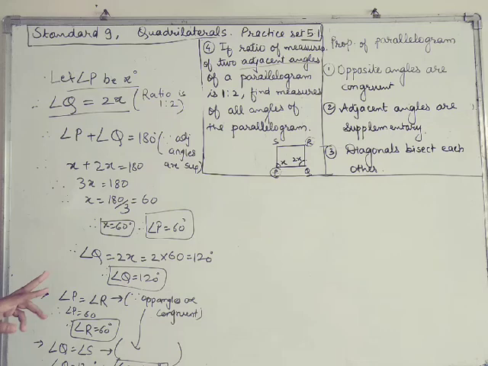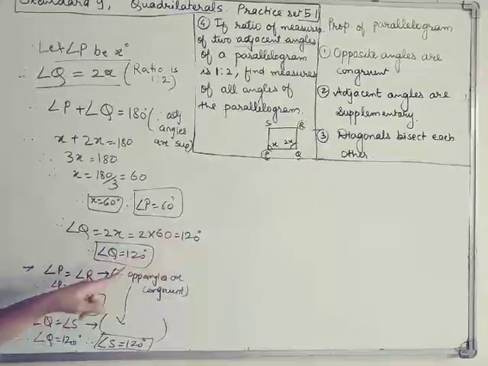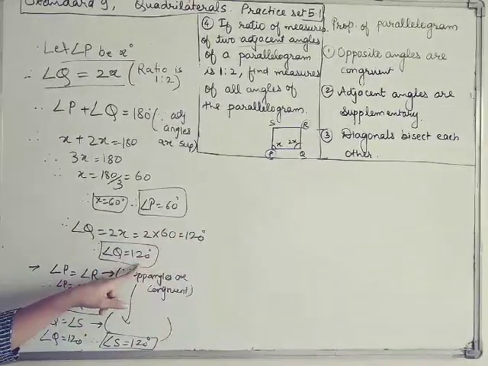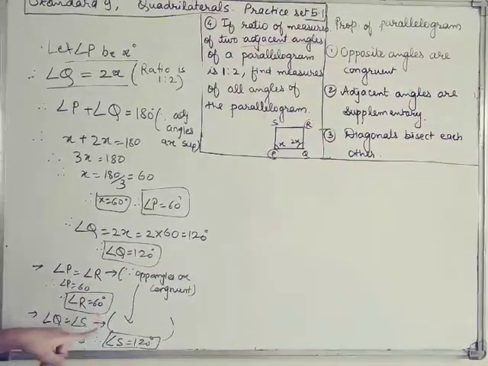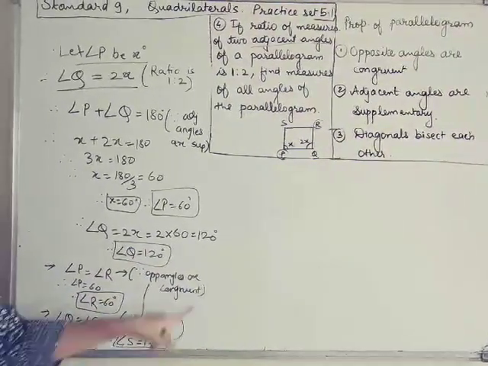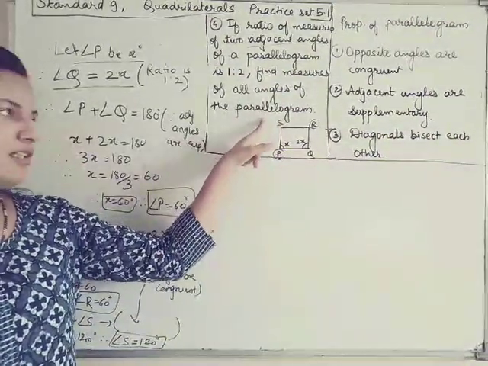So in this way we got the values for all the four angles. That is, angle P is 60 degree, angle Q is 120 degree, angle R is 60 degree, and angle S is 120 degree. So we have found out all the measures of the angles of a parallelogram.